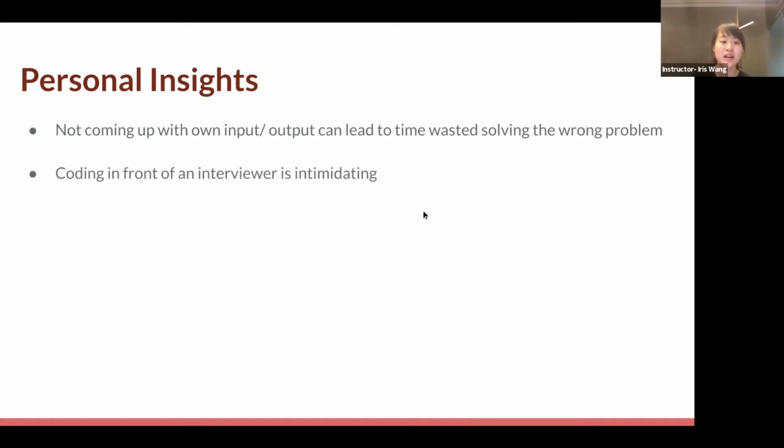So yeah, coding in front of an interviewer is really intimidating in general. I think generally the first onsite, or the first 1 or 2 onsites you have if you have multiple, can be really intimidating. What I found is that the more onsites I did, the more comfortable I got with it.